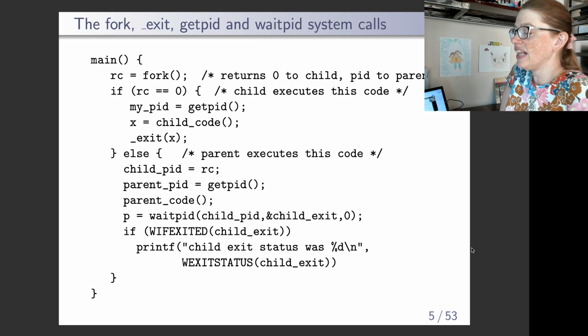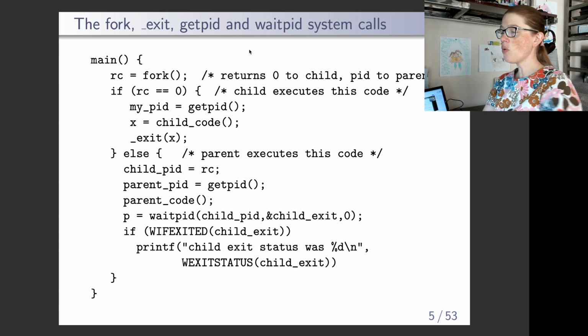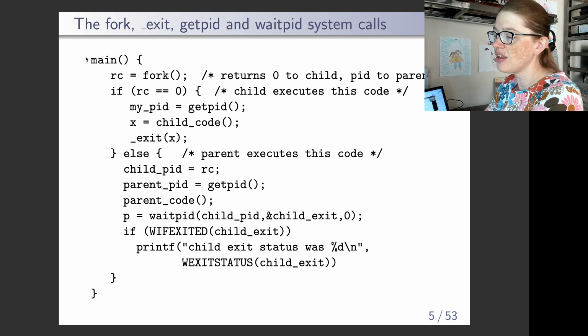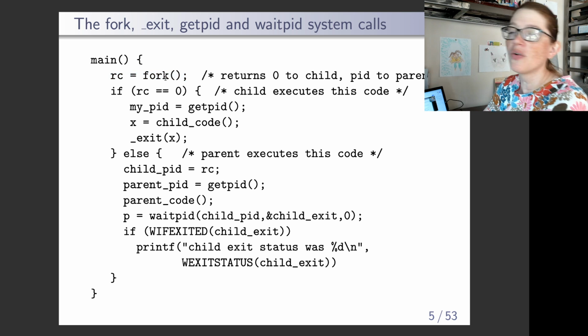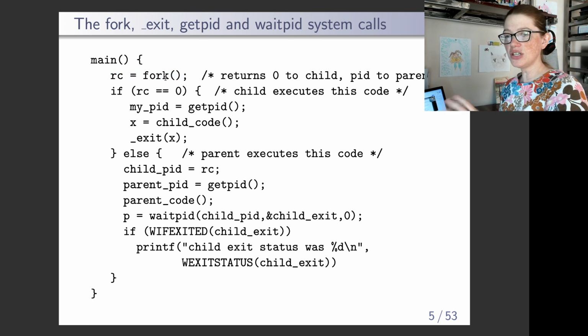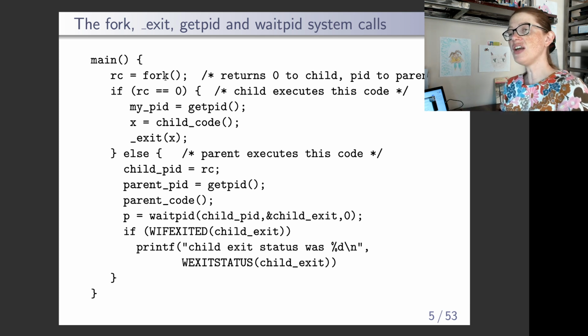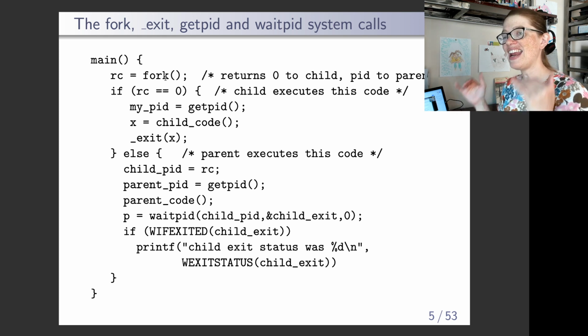So let's look at a little example here. So we have a little bit of code. Now this is pseudocode, of course. And somewhere inside the code, we're going to call fork. Now that's going to create a new process with a new PID, but the contents of the address space and the stacks and so on are going to be the same. So I now have two processes. They're both running this program, and their program counters are going to be at an identical position in the code, which means they are both going to return from fork.